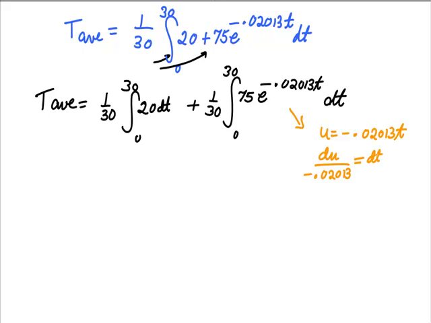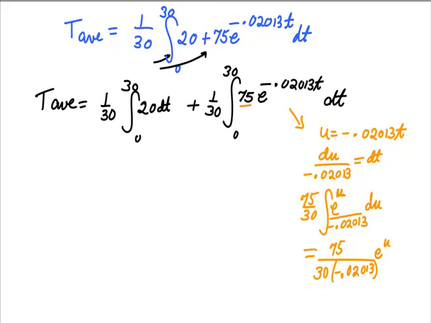So this integral just becomes, I'm going to move the 75 over 30, the integral of e to the u, because I already have the negative, divided by negative 0.02013 du. So this answer will be 75 divided by 30 times negative 0.02013 e to the u.